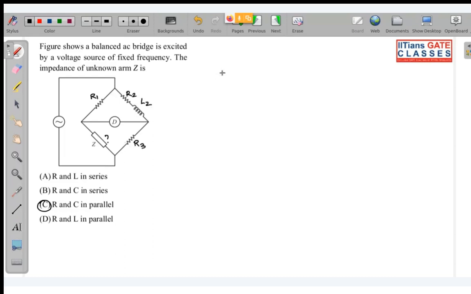Now you can see, if this bridge is balanced, as given, we know R1 into R3 is equal to Z into (R2 plus j omega L2). So Z is equal to R1 into R3 divided by (R2 plus j omega L2).